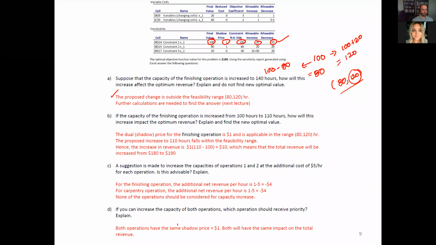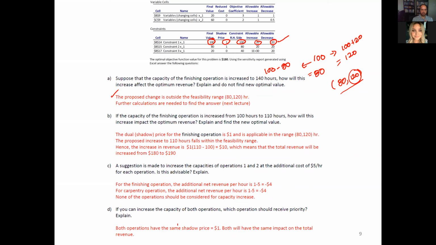So we will need further calculations to find the answer, and that's something I'm going to explain later on. But the idea now is you can use this to decide, okay, I can provide insight because it is within the feasibility range, but in this case, it's not. So we have to state that it is outside the feasibility range, so we cannot state how that would impact the solution of the problem.